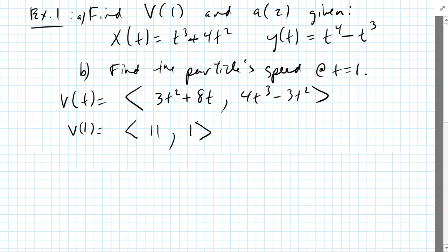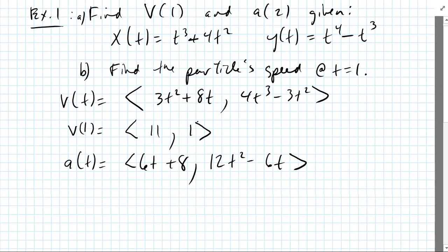Yeah. Now let's find the acceleration. Do we just have to take the derivative of the velocity? What's the derivative of 3t squared plus 8t? 6t plus 8. What's the derivative of 4t cubed minus 3t squared? And if I want the acceleration at 2, I plug in 2.